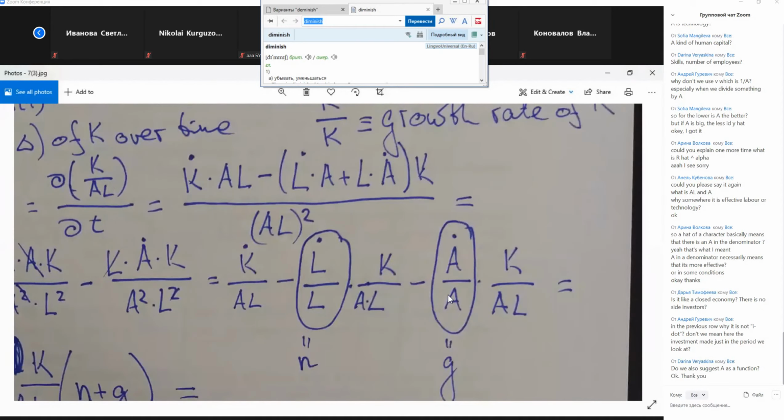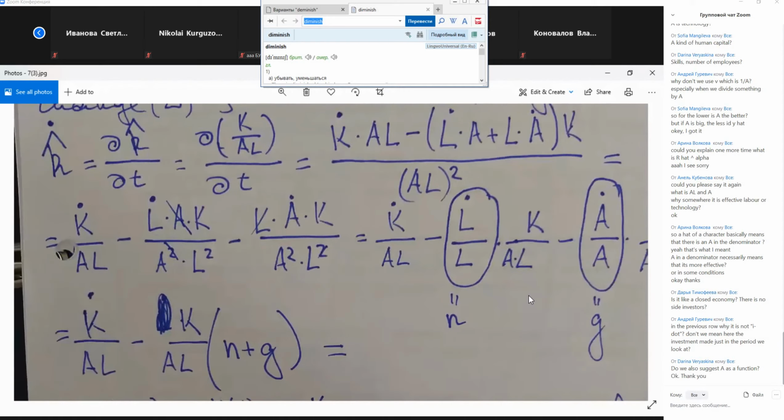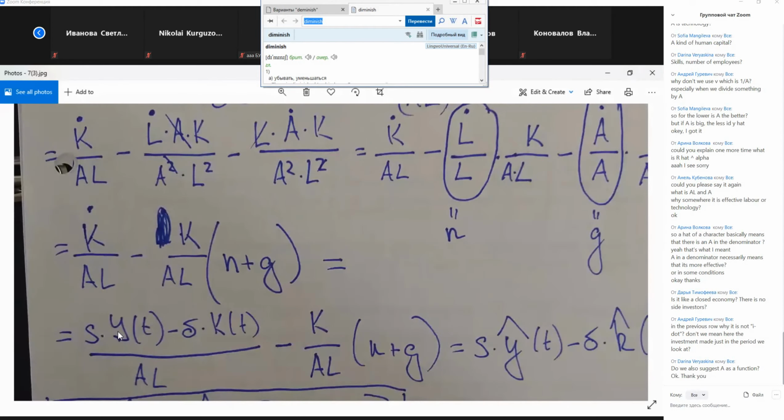These are the growth rates: the growth rate of population, the growth rate of technology. This is already helpful. We rewrite it in this form, and then we say, I know what K dot is, so why don't I use it? And then we just put it here.